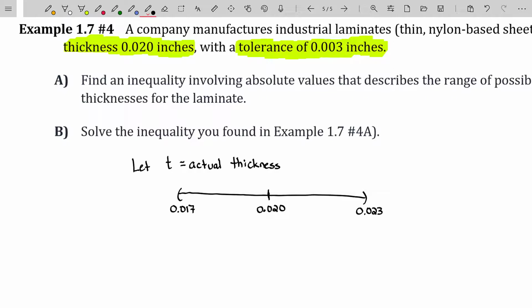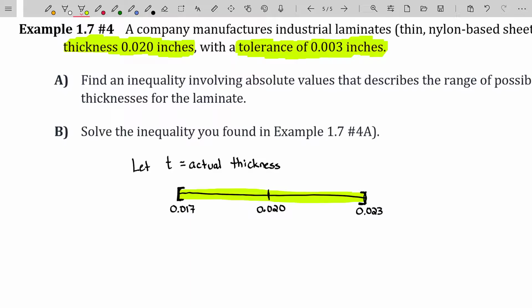It is often asked to me, wait, do we include those endpoints or do we not? Well, if my boss said, I'm willing to allow up to 3/1000ths of an inch in error, that tells me that they're including that edge as part of their error. They're willing to accept values at those extremes as well as all values between. So this is a list of all possible thicknesses that are acceptable.